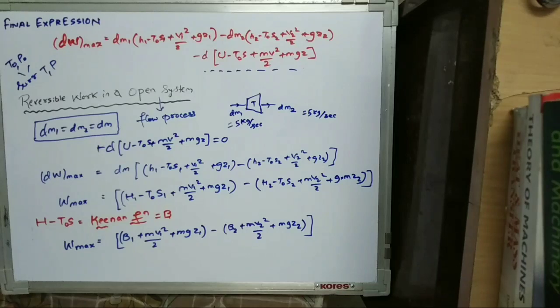Clear? That is the maximum work if we denote h minus T0 s as the Keenan function B.